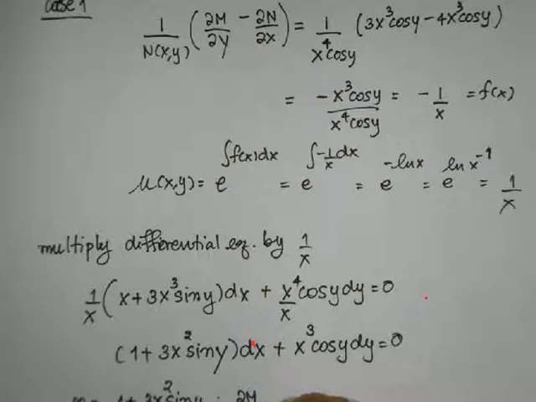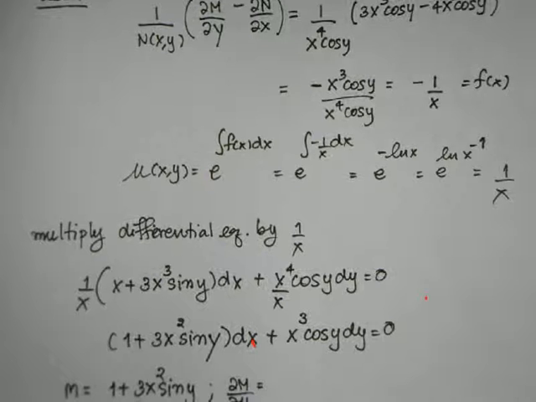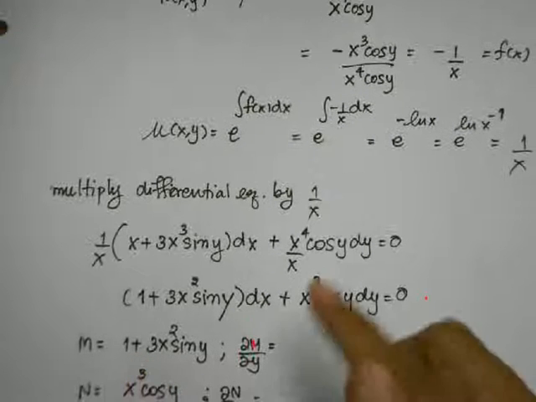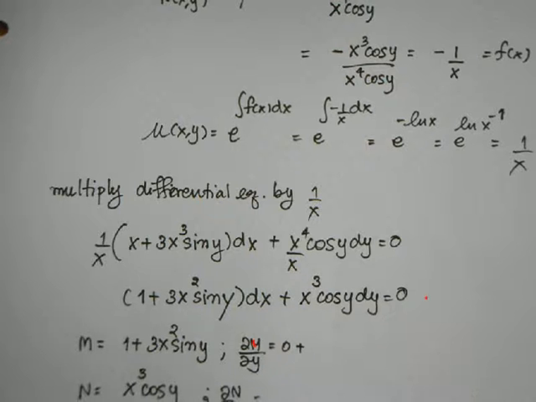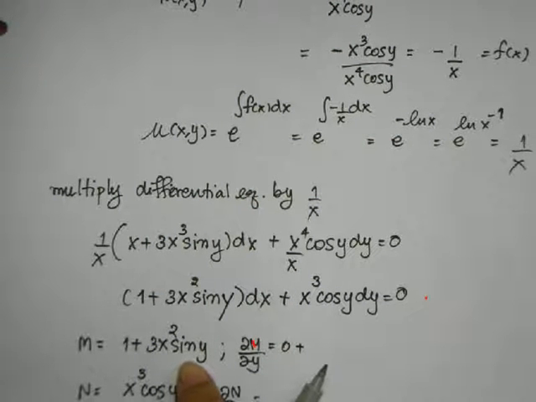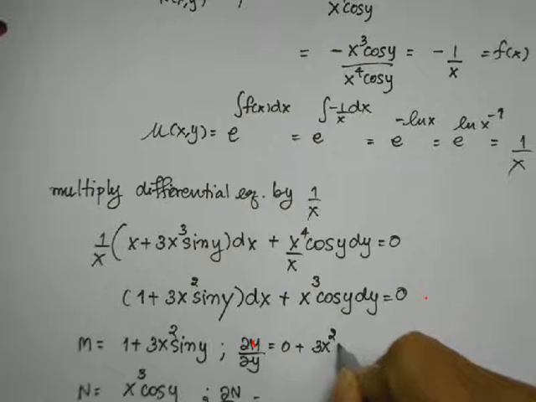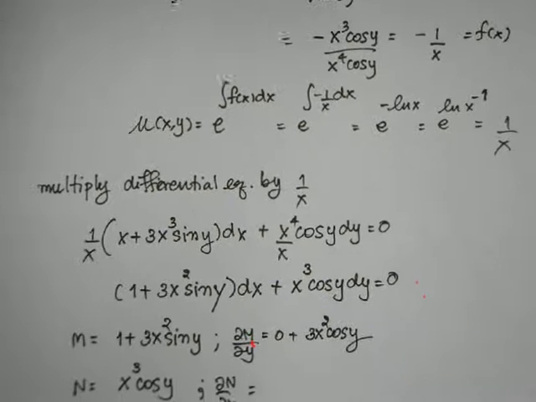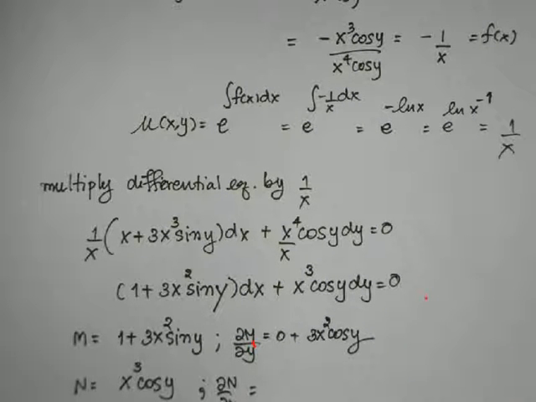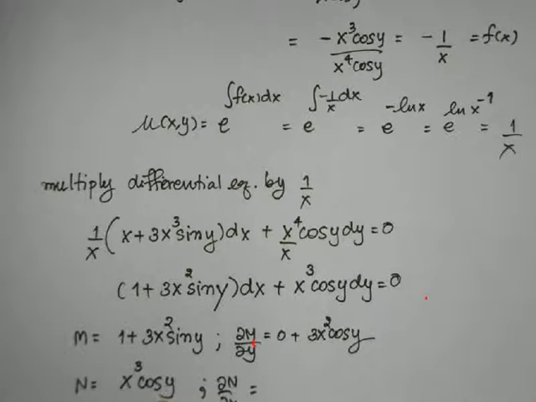Derivative of M by y and derivative of N by x now equal what? The first term equals 0 again. The second term, derivative of sine y is equal to cos y, right? So you would get 3x squared cos y. Now, derivative of N by x, you look at cos y as a constant.